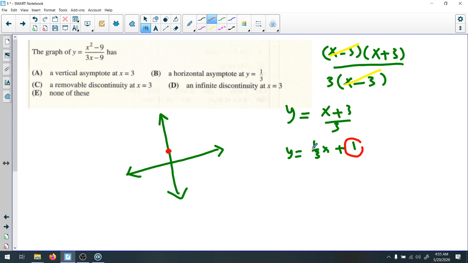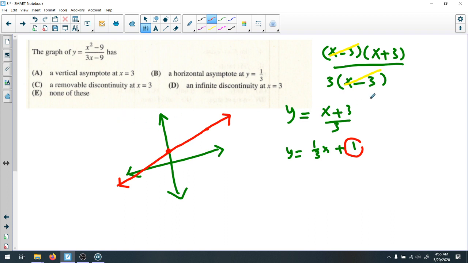And we apply the slope 1/3: 1 up and 3 units to the right. And then you connect that to make a straight line. This is how the function looks, but we're going to have a gap here.